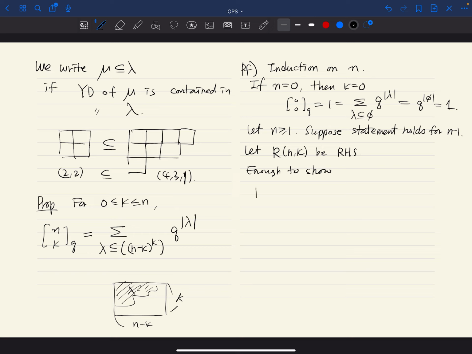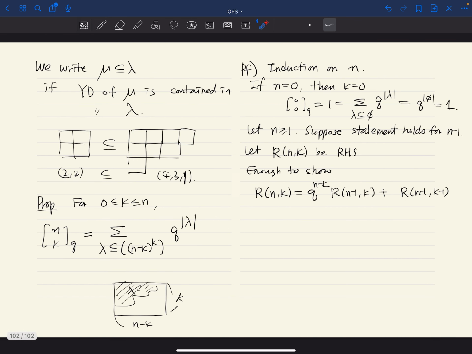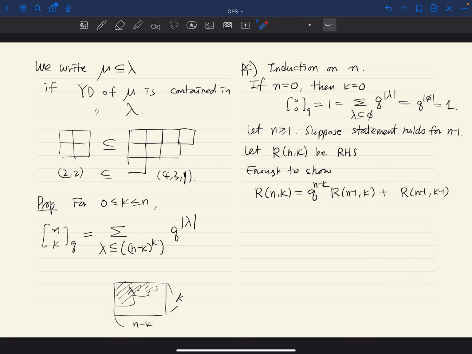So what was the recurrence? R of n, k equals R of n minus 1, k plus R of n minus 1, k minus 1, but here we put q to the n minus k. That was exactly the recurrence for the left-hand side. So it's enough, because by induction this is n minus 1 choose k, this will be n minus 1 choose k minus 1, and then this whole thing is n choose k by the Pascal identity for the q-binomial coefficient.